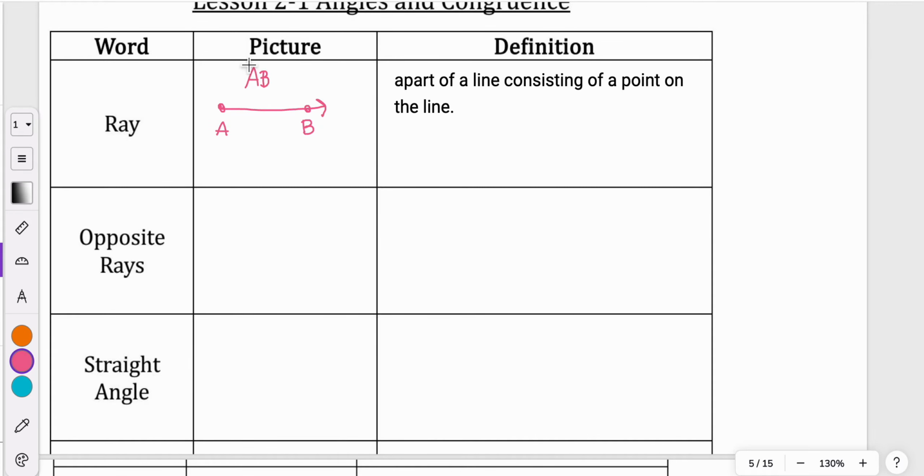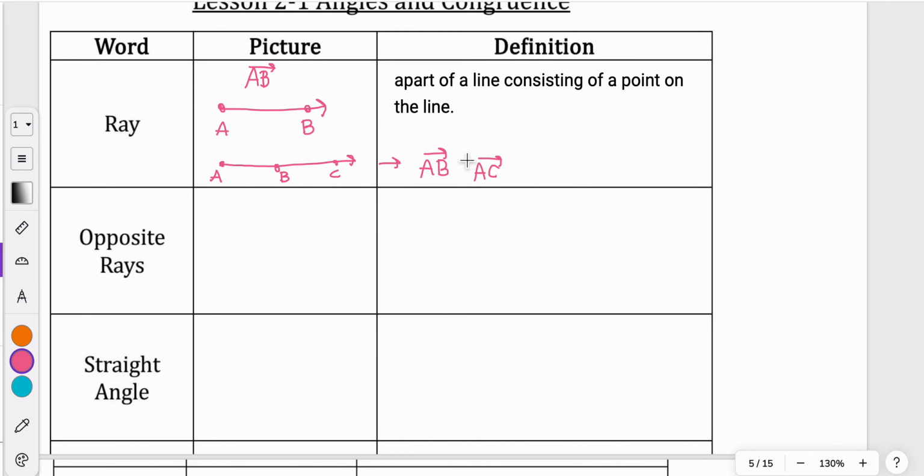So we can even notate that as AB with an arrow on top. You could also have multiple points on the ray, like A could be first, B could be in the middle, and then C at the end. You could still name it AB because B is still on the end where it's continually going. You could also name it AC.